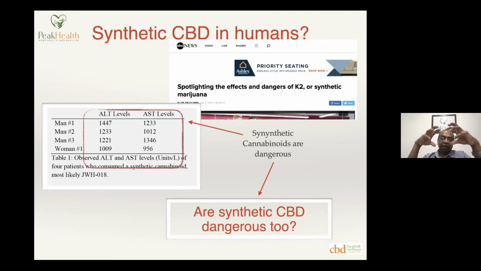But it has a profile extremely similar to the hydrogenated CBD, so synthetic CBD. It does not follow the profile of a natural CBD. In the trials, it wasn't a large trial.